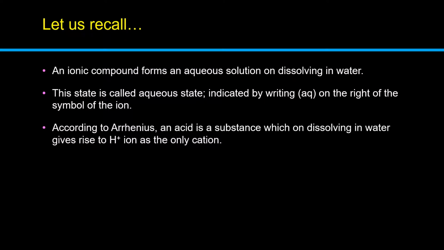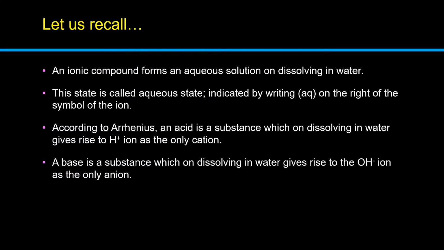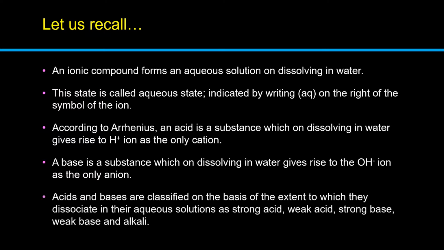According to Arrhenius, an acid is a substance which on dissolving in water gives rise to H plus ion as the only cation, and a base is a substance which on dissolving in water gives rise to OH minus ion as the only anion. Acids and bases are classified on the basis of the extent to which they dissociate in their aqueous solutions. They are strong acid, strong base, weak acid and weak base.